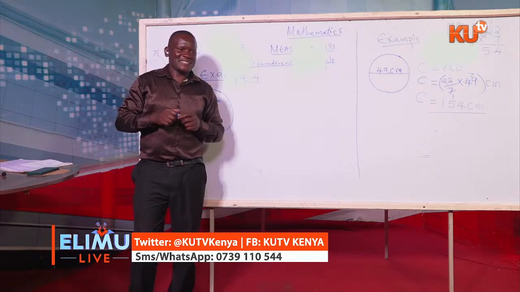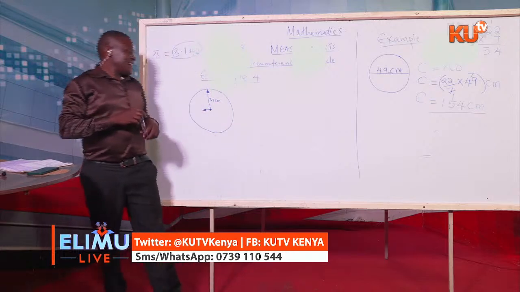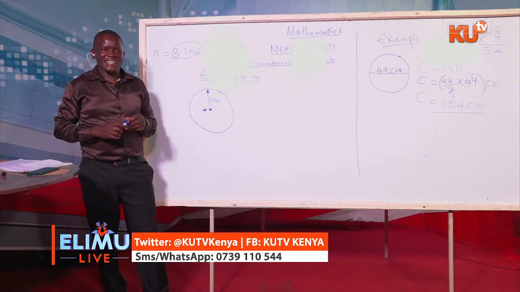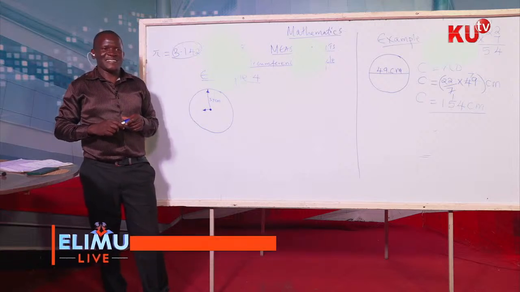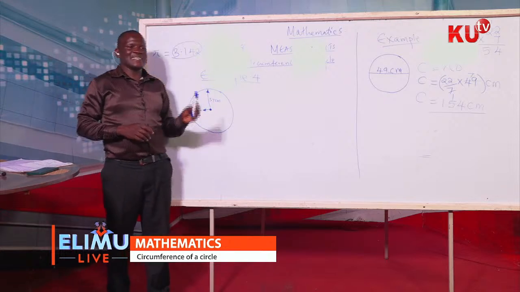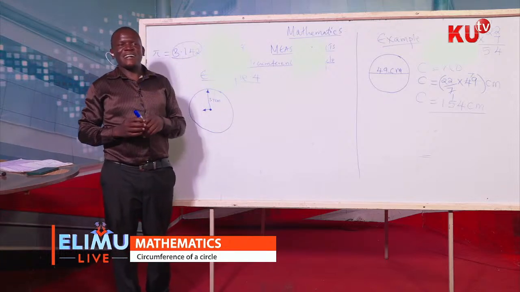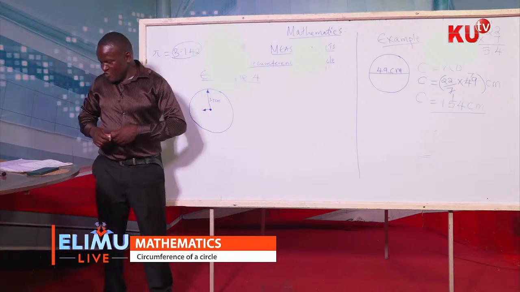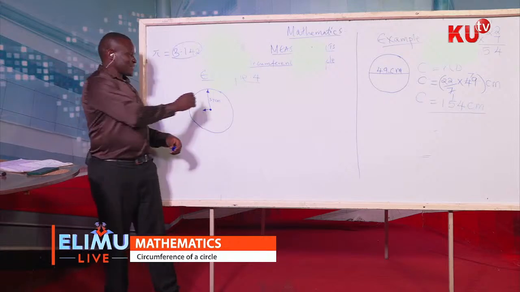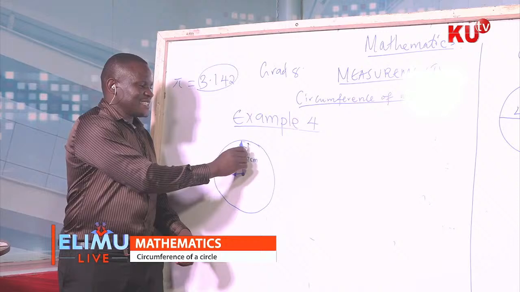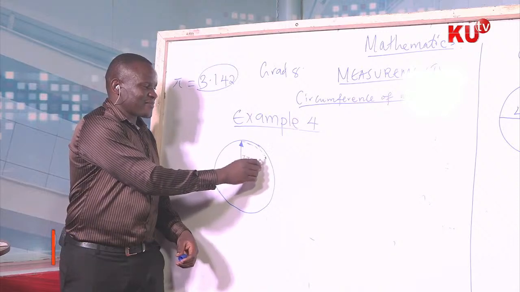And also, learners, the minute hand in our case will represent the radius of our circle. So as the minute hand moves, the tip of the minute hand will be tracing a path.